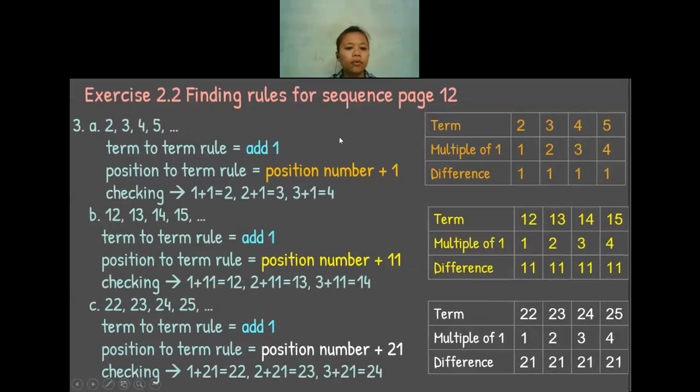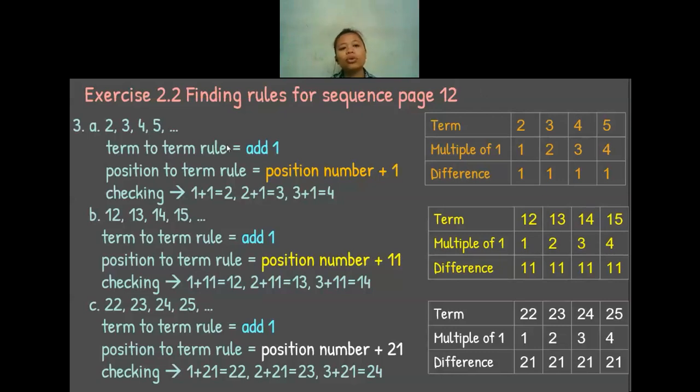Okay. For question 3 here, we have to find the term-to-term rule, write the sequence in a table, and then work out the position-to-term rule, and then do not forget to do the double checking. So same, whenever I have a sequence and need to find the position-to-term rule, the first thing we have to do is find the term-to-term rule first.